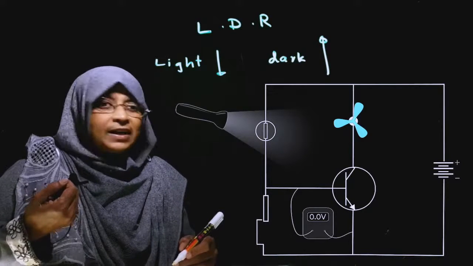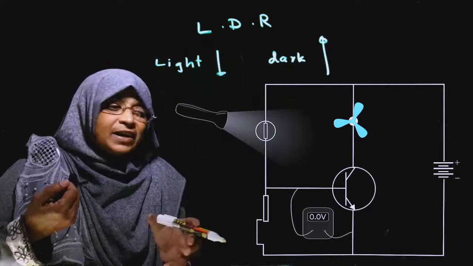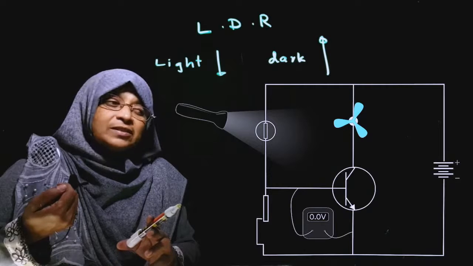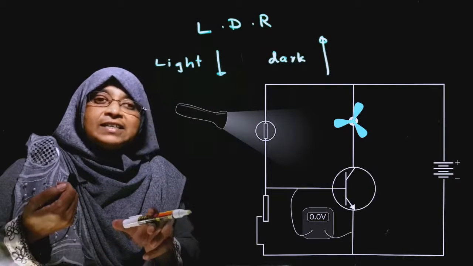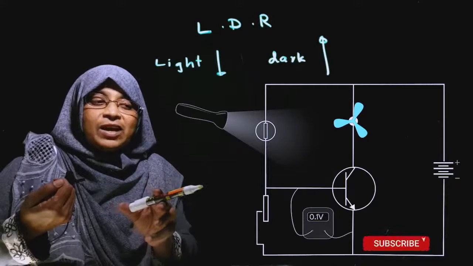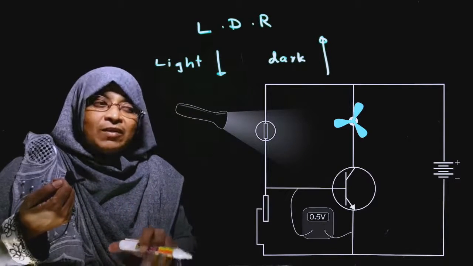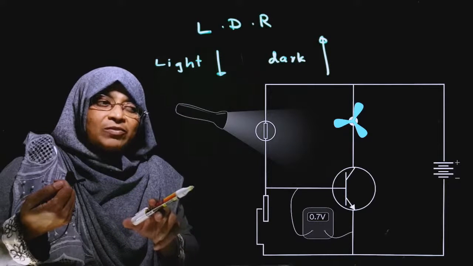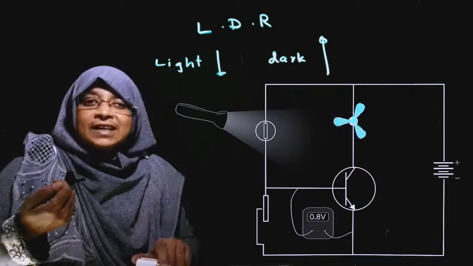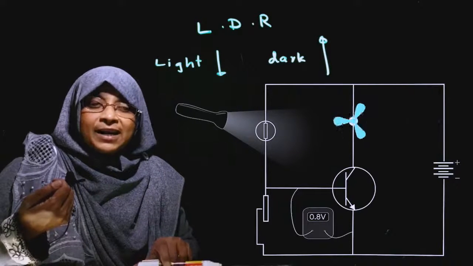No. Then now we have to adjust the variable resistance according to our requirement. When adjusting the variable resistance, now you can observe the voltage difference. Now the voltage is about 7, okay, 8. Now the circuit is open. Now our switch is ready.